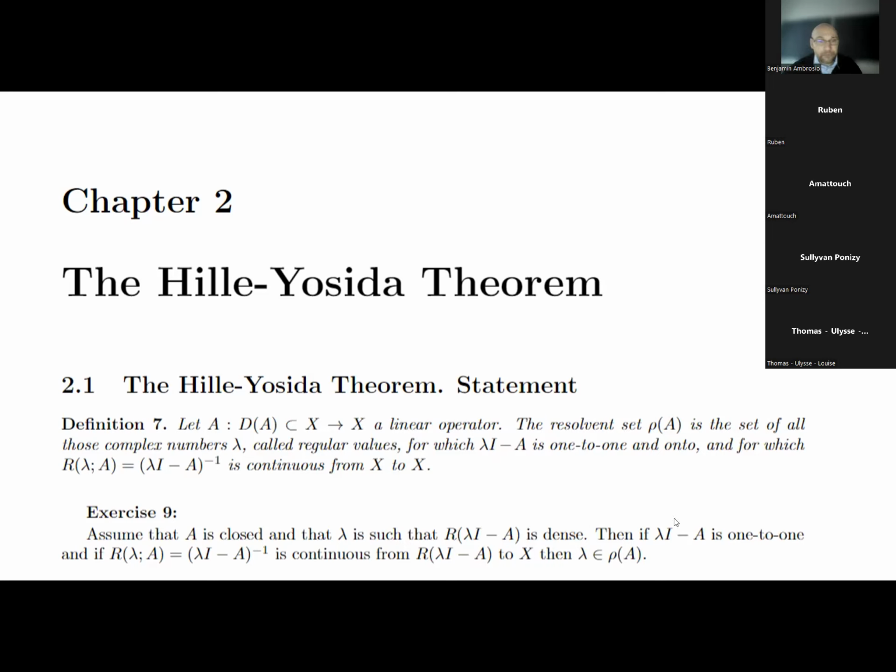then if lambda I minus A is 1 to 1, you can drop the onto condition here, right?